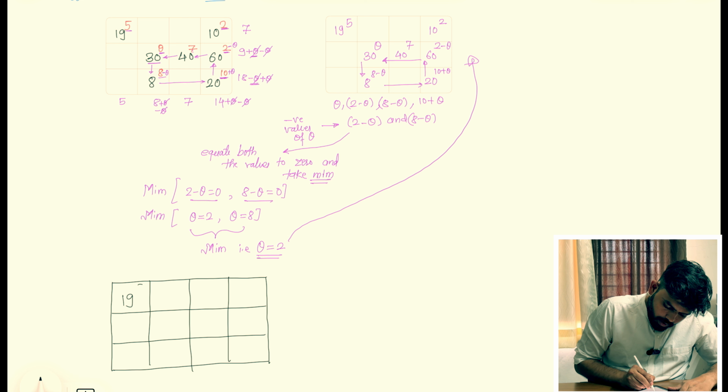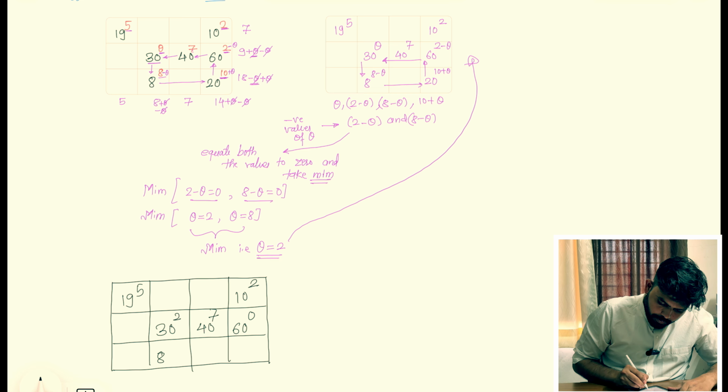Here we have 19 where 5 is allocated, 10 where 2 is allocated, 30 where theta is allocated, theta is 2, 40 where 7 is allocated, 60 where 2 minus theta means 2 minus 2 is 0, 8 where 8 minus theta is 8 minus 2 is 6, and finally 20 where 10 plus theta is 12.